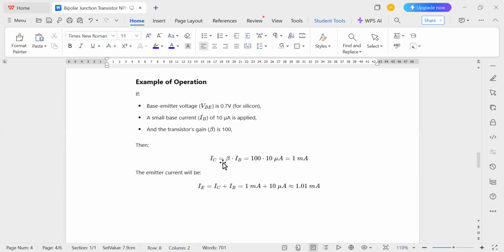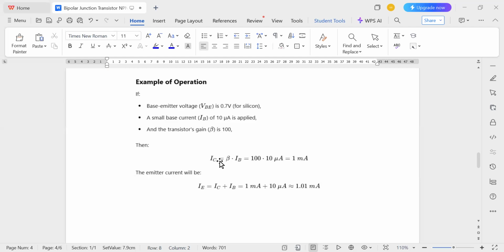For small signal transistors, beta ranges from 20 to 1000, or 50 to 200 for NPN transistors. The exact value of beta depends on the type of the transistor, its model and the operating conditions.